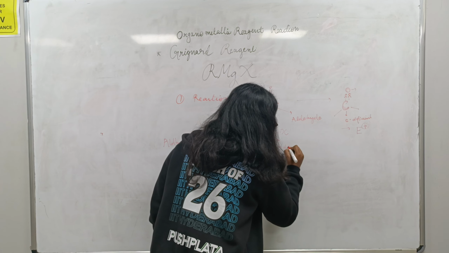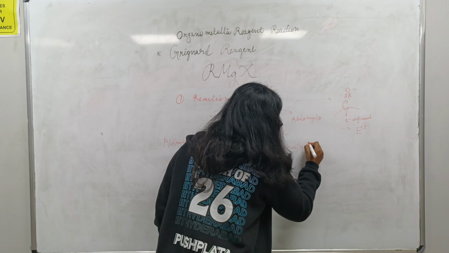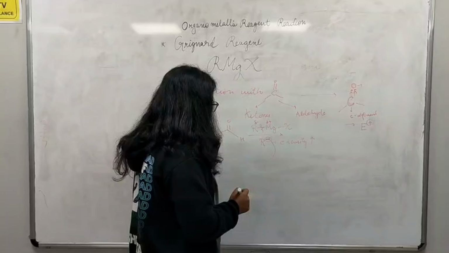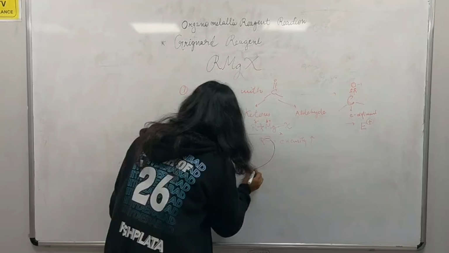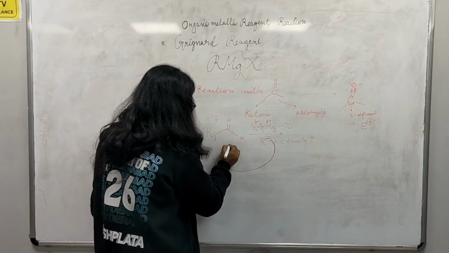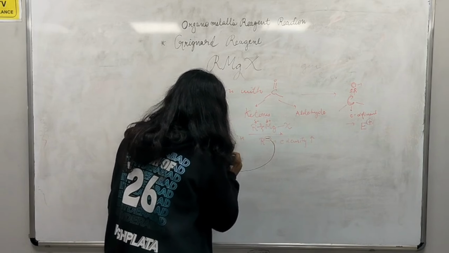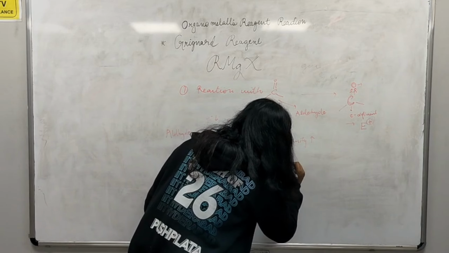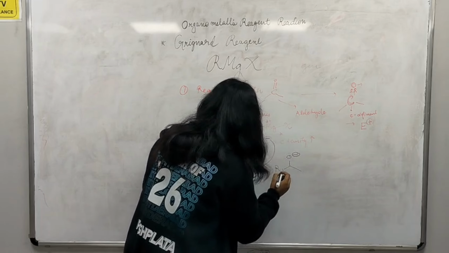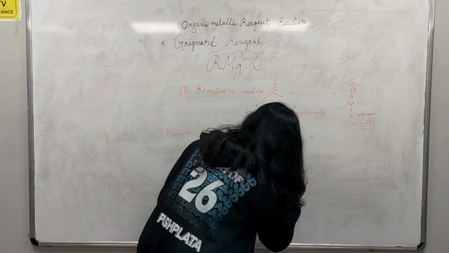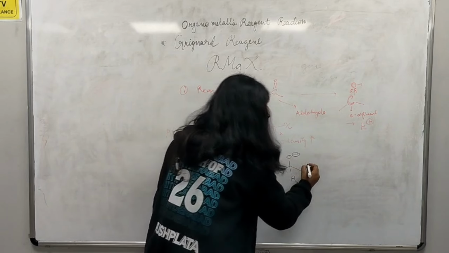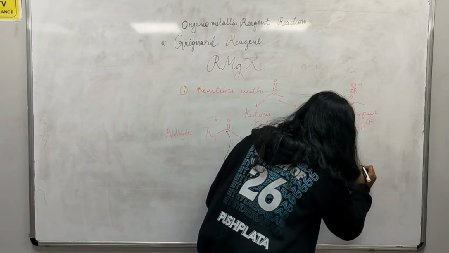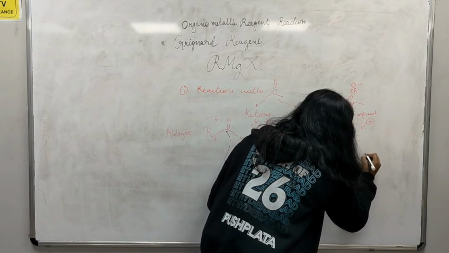Here electron density is much more, and here electron density is less, and this R negative will attack at this electrophilic center and gives an O negative, which further reacts with water and gives 2-degree alcohol.